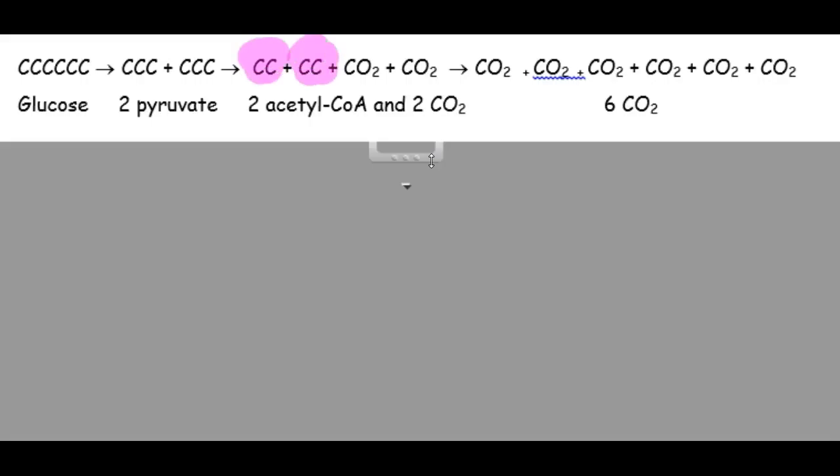All right, so now a couple of other things that I wanted to mention was that every time we break a carbon-carbon bond, there's a release of energy. And so the whole reason that we're breaking down glucose is to harness that energy and in the process trap it in some way.